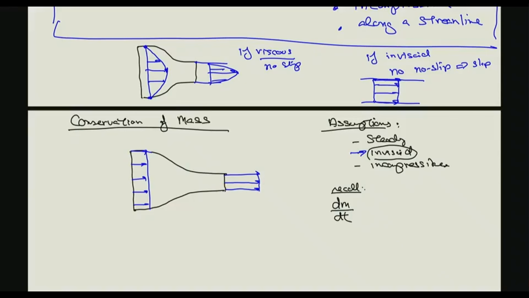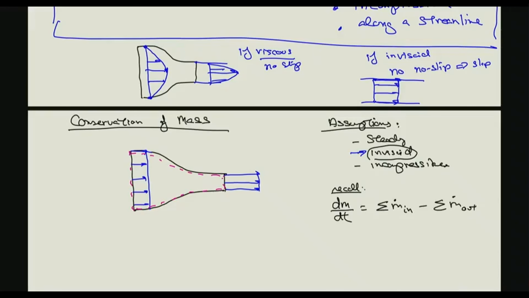And in general, conservation of mass would say that how the mass changes within our nozzle depends on the total rate of mass flowing in minus the total rate of mass flowing out.